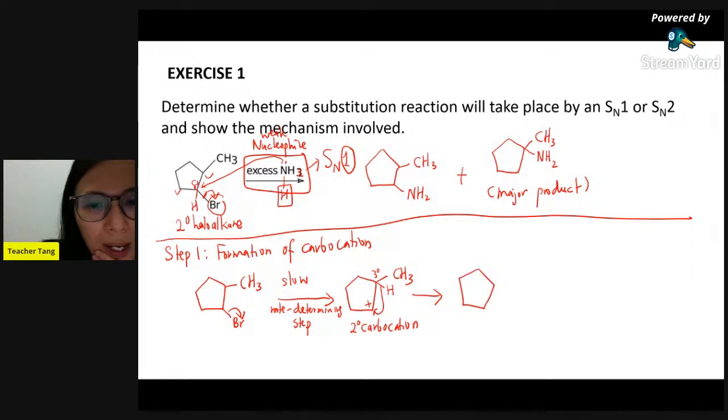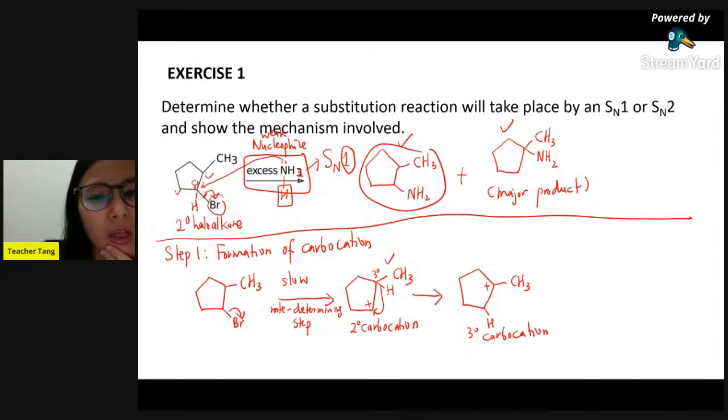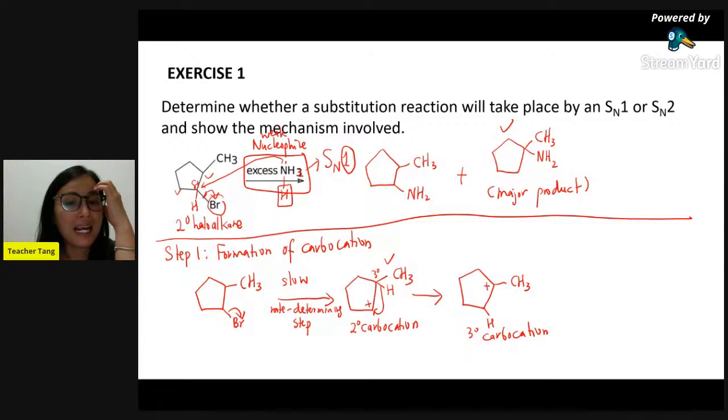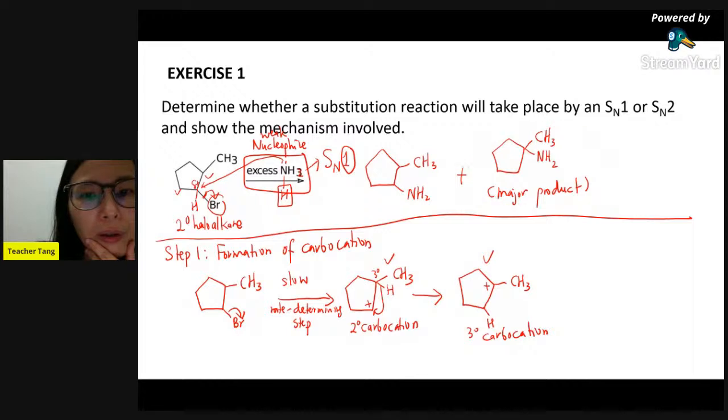Then we get, so the hydrogen is here now, a tertiary carbocation, which is more stable. That's why you get two products. This product is from the secondary carbocation, which is less stable, so it will be the minor product. And this product, the major product, is from the tertiary carbocation. Okay, so we draw the mechanism for the major product.